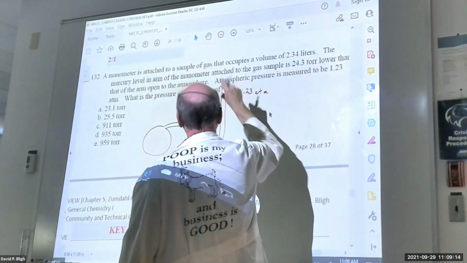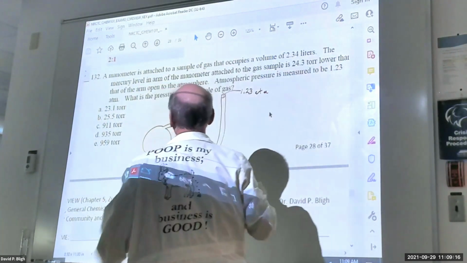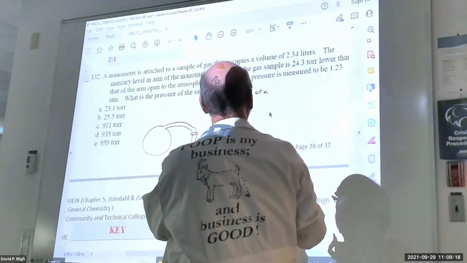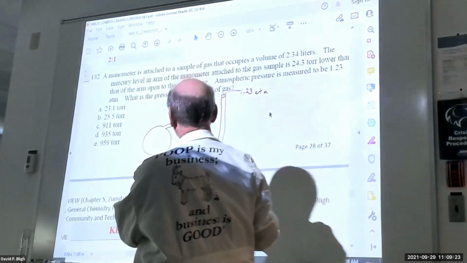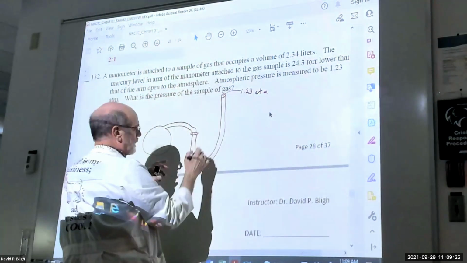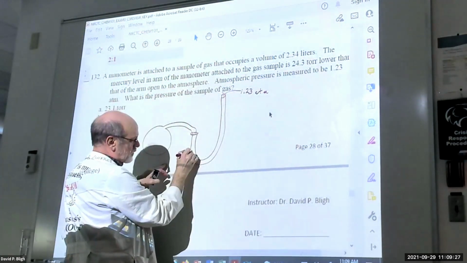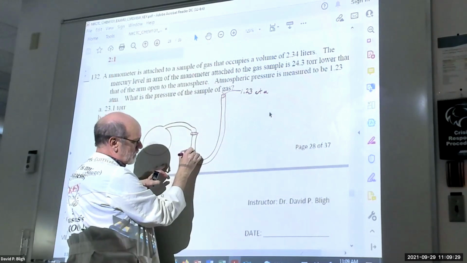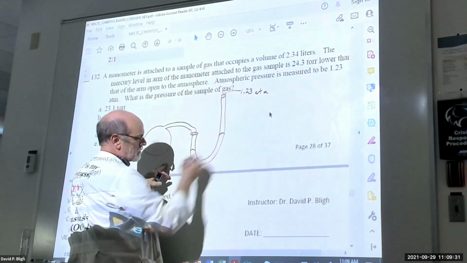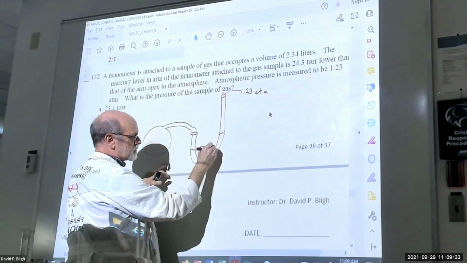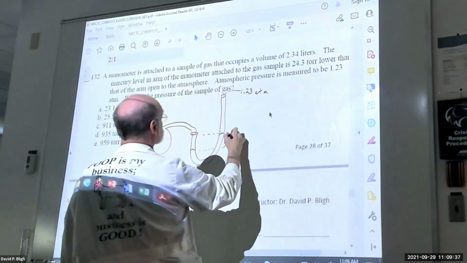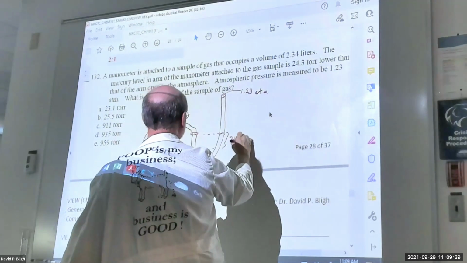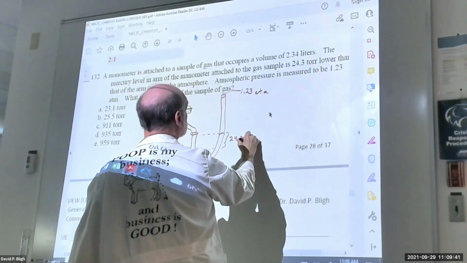1.23 atmospheres from here. Now we've got mercury in there, and the gas sample is 24.3 torr lower than that of this arm. So we've got a mercury level here and a mercury level here, and the difference between those two is 24.3 torr.